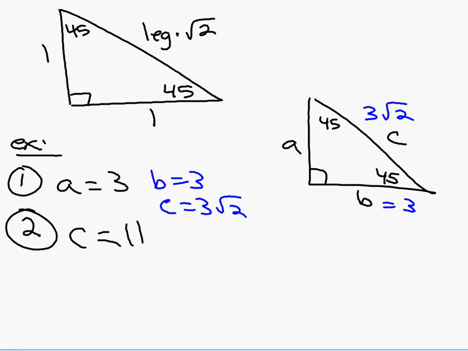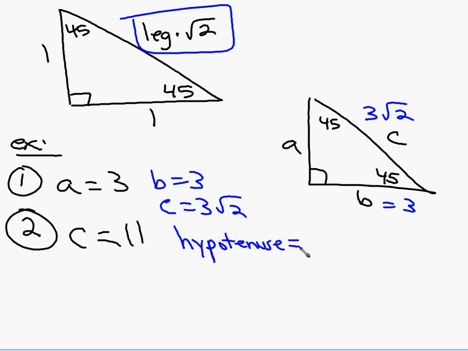Well, once again, we want to start with that kind of magical statement that says the hypotenuse is equal to the leg times radical 2. So if you have a simple equation like that, then you can plug in what I know. I know the hypotenuse. The hypotenuse is 11. Okay, we were given that. So I put 11 where the hypotenuse is equal to the leg times radical 2.